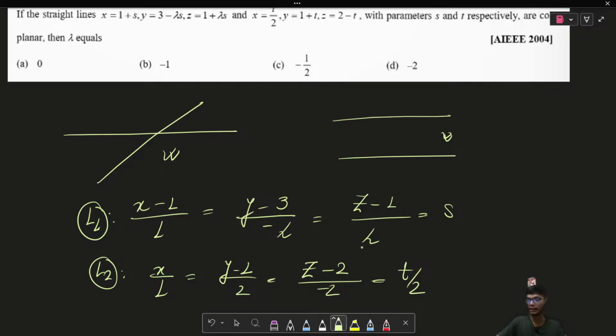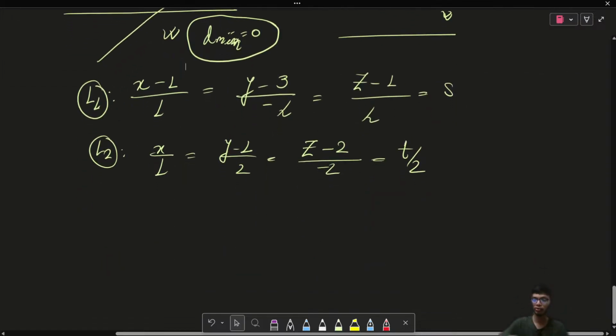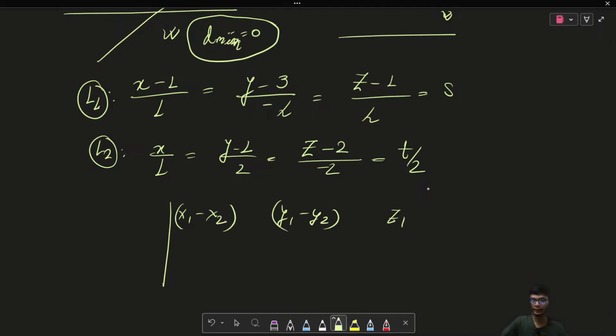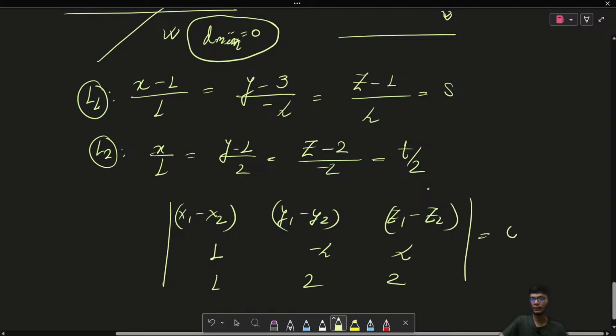If these lines are not parallel, then the minimum distance, the shortest distance, will be equal to 0. So I try to solve for the minimum distance by taking x1 minus x2, y1 minus y2, and z1 minus z2, whatever we have studied, along with 1, 2, and 3.